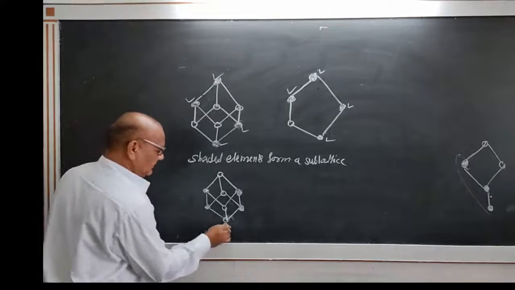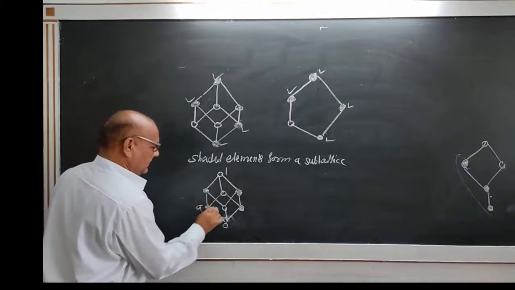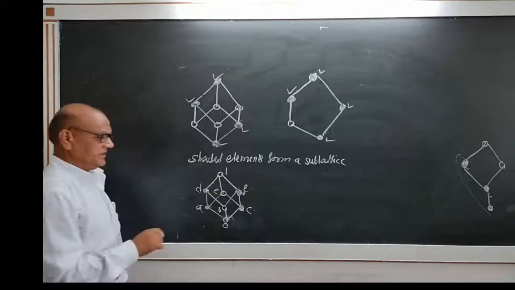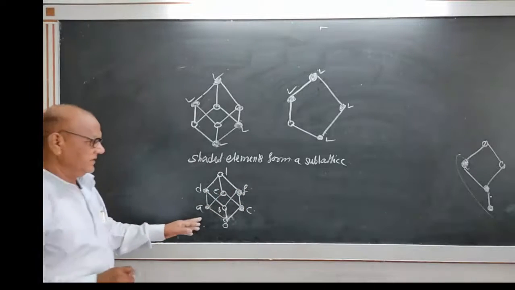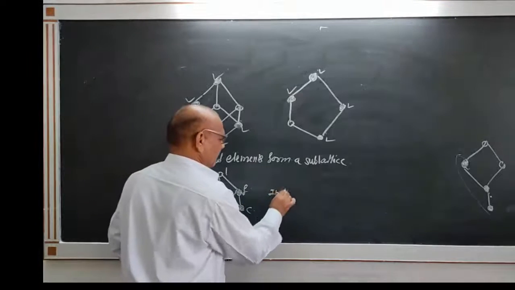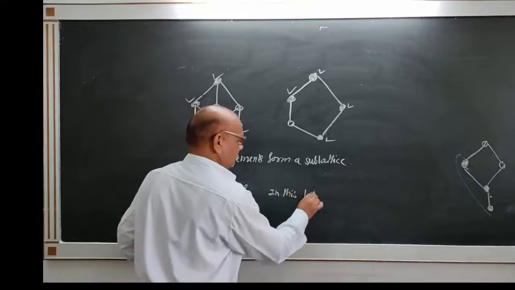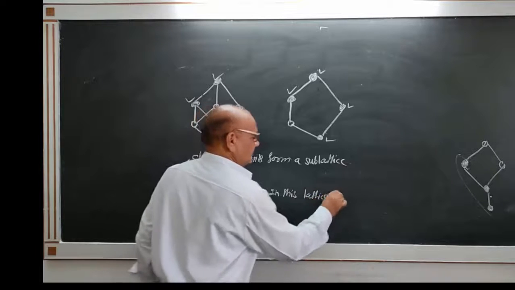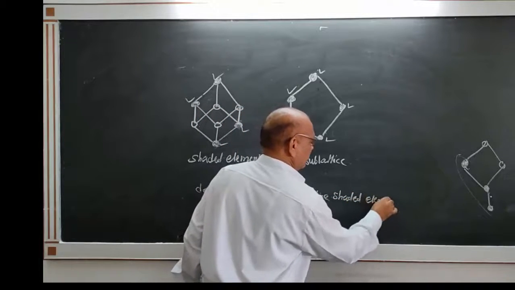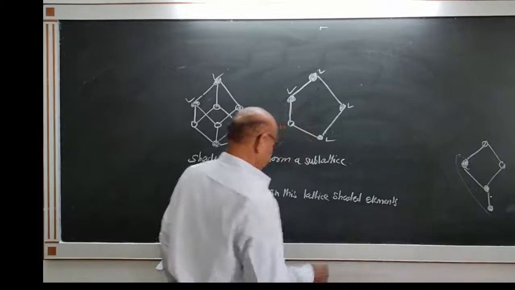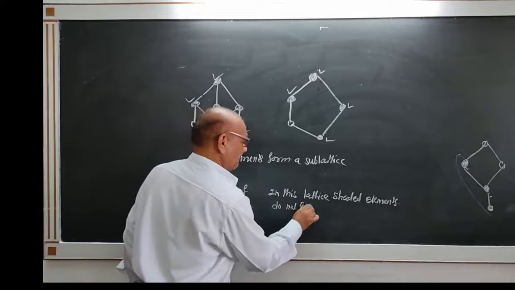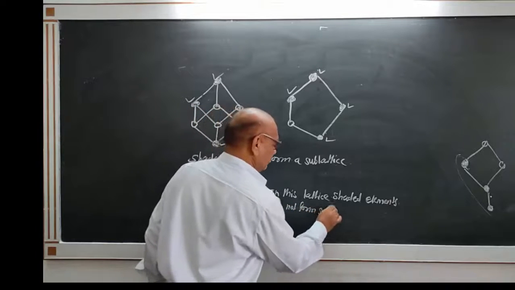Suppose we denote these elements 0, 1, A, B, C, D, E, F. In this figure, in this lattice, the shaded elements do not form a sublattice.